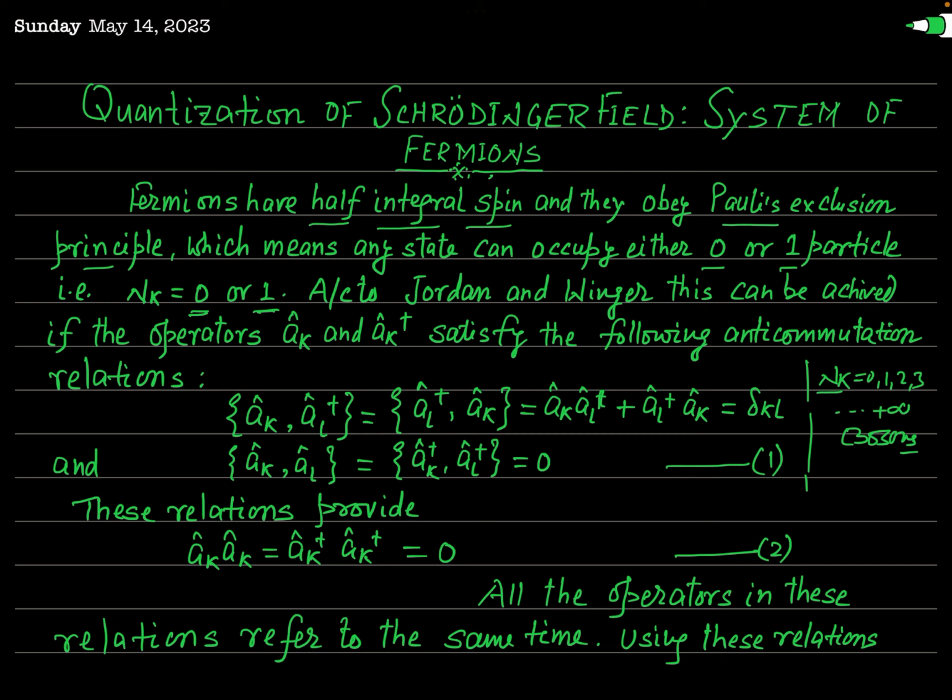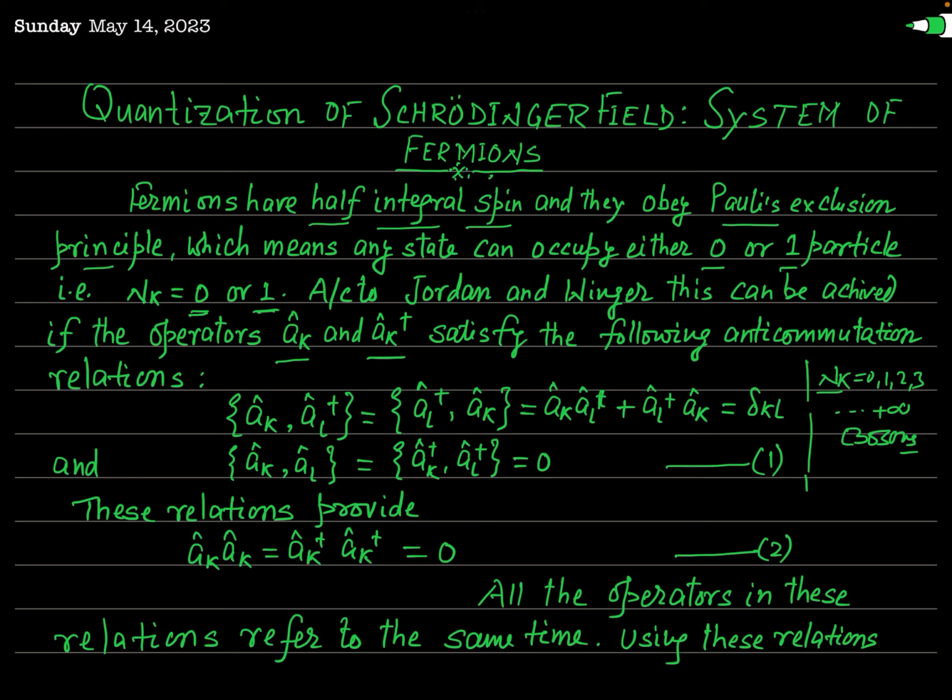So the relations obeyed by the two operators, which we called in the previous lecture the annihilation operator and the creation operator, denoted by the symbols a_k hat and a_k hat dagger respectively.